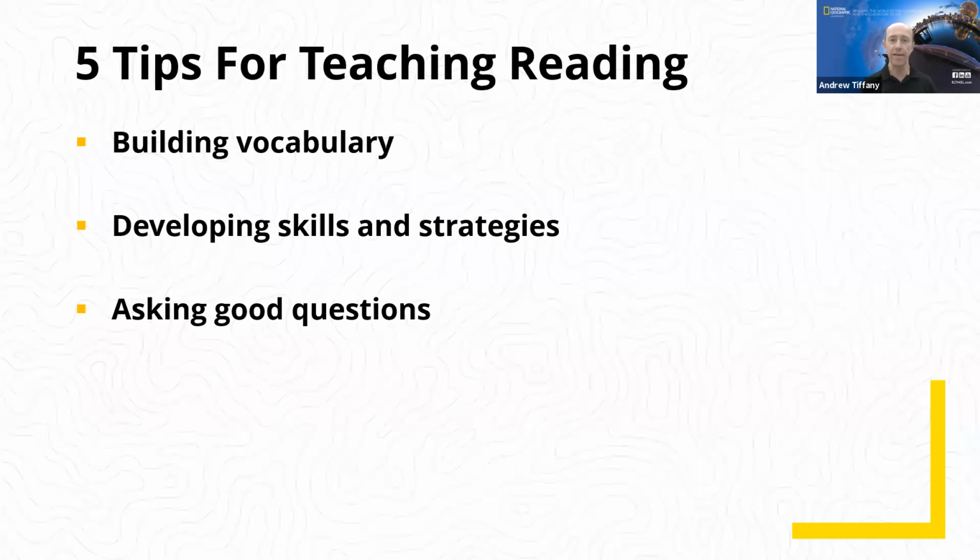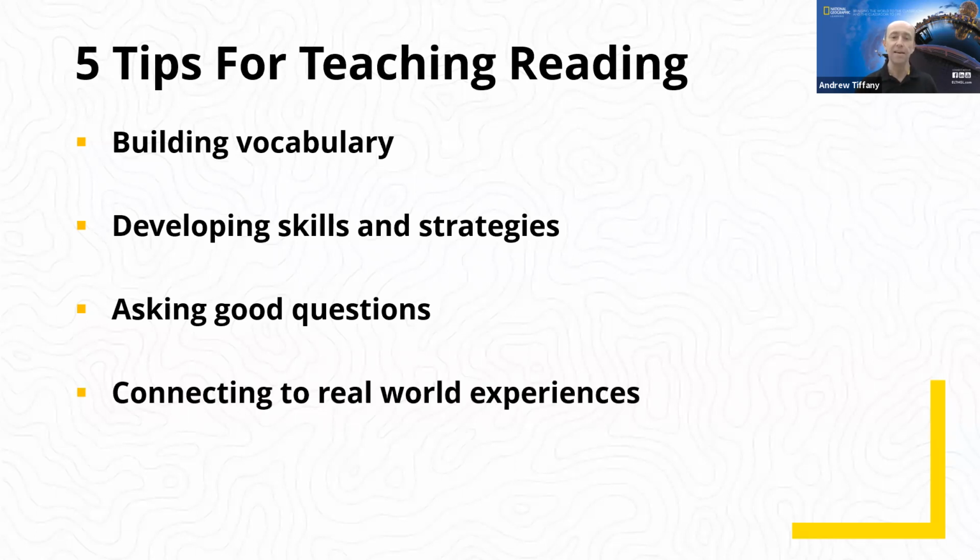That could be during reading comprehension, but you could also apply it to other parts of lessons, or to extending the reading into other parts of the lesson or other ideas. The fourth is about connecting reading and the things we experience to real world ideas and experiences that the students themselves have. And the last one is going slow to go fast. I'll explain what I mean by that later.